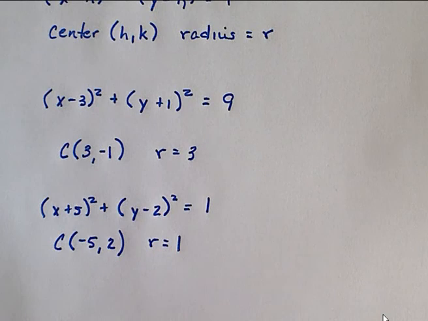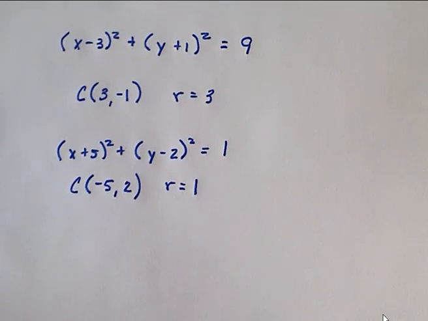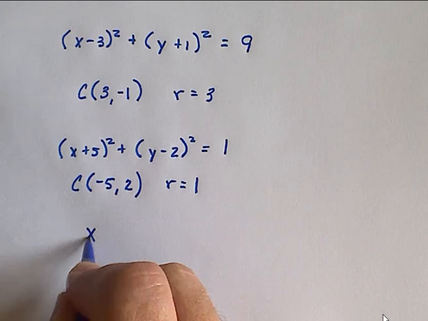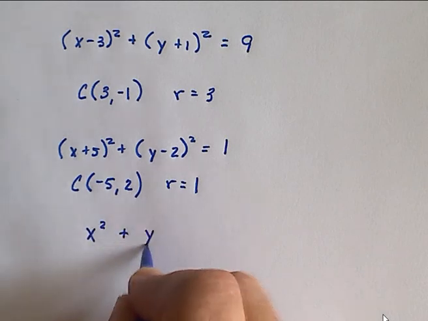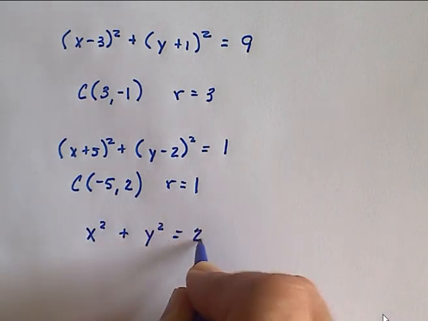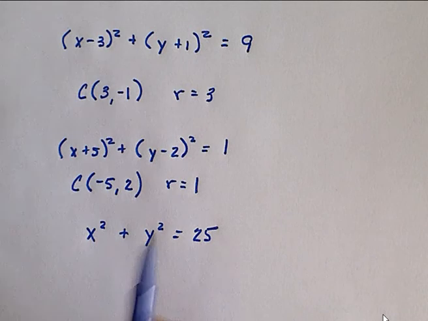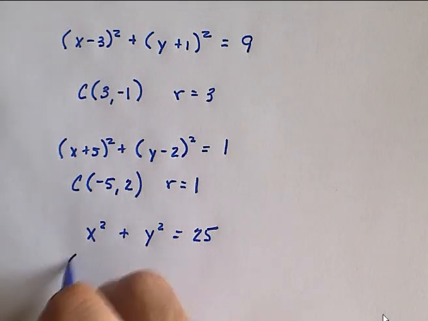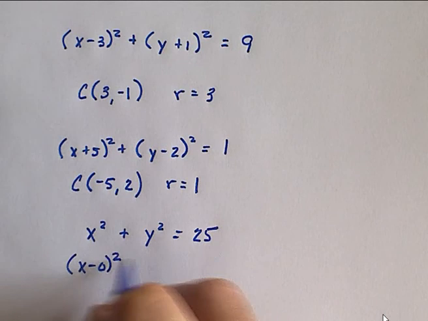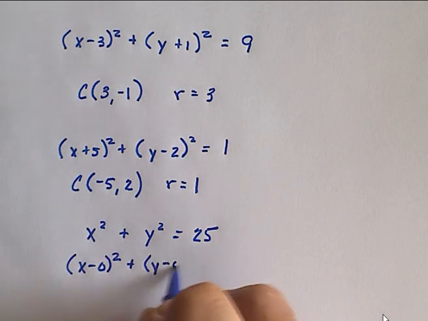And then one other little trick they might do to you is, if I were to give you x squared plus y squared equals 25. Now, if the x's and y's are not written into quantities like above, then it's because the h and k values are 0, because this can be written as (x minus 0) squared plus (y minus 0) squared.